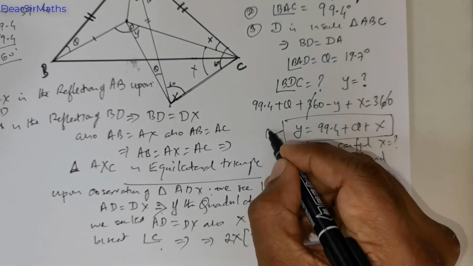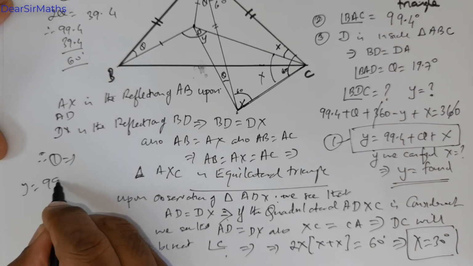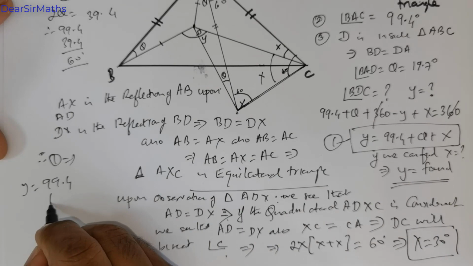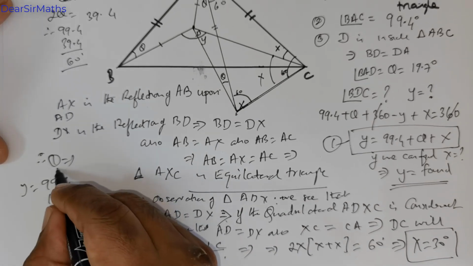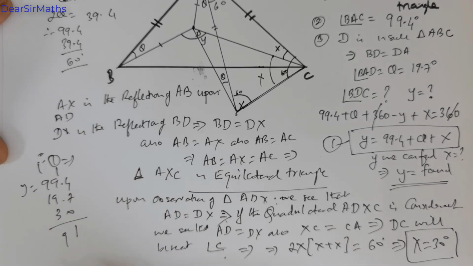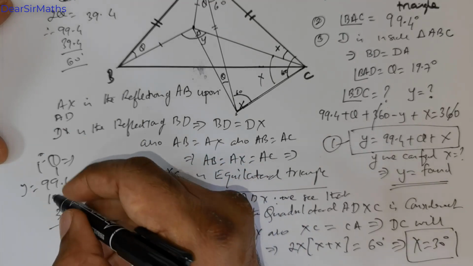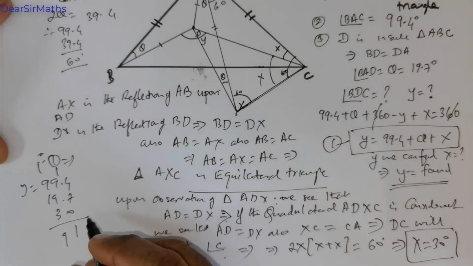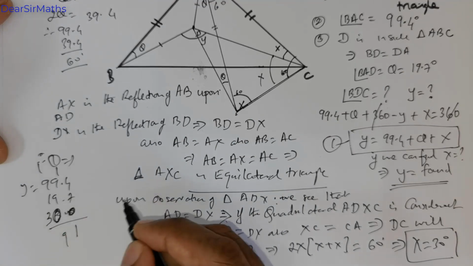So if I were to take this as 1, therefore Y is equal to 99.4, theta is 19.7, X is 30 degrees. So 99.4 plus 19.7 plus 30 should have been here, right?